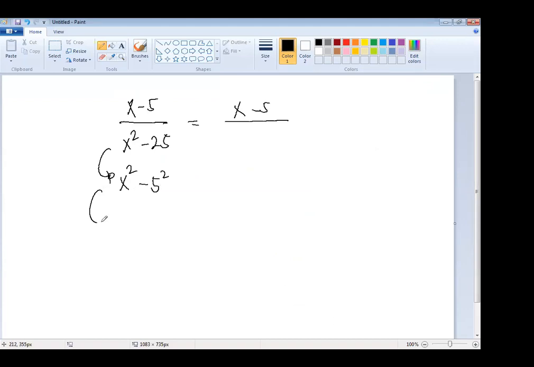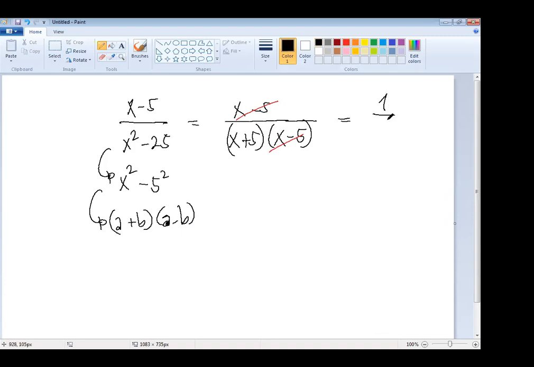So therefore, we will have a plus b and a minus b, with this form of a squared minus b squared. So therefore, we'll have x plus 5 and x minus 5. So therefore, we can have now 1 over the final answer. Cancel out this x minus 5. So therefore, we'll get now 1 over x plus 5.